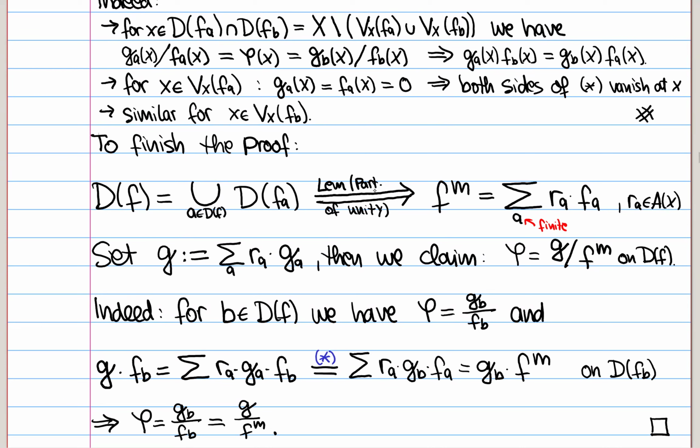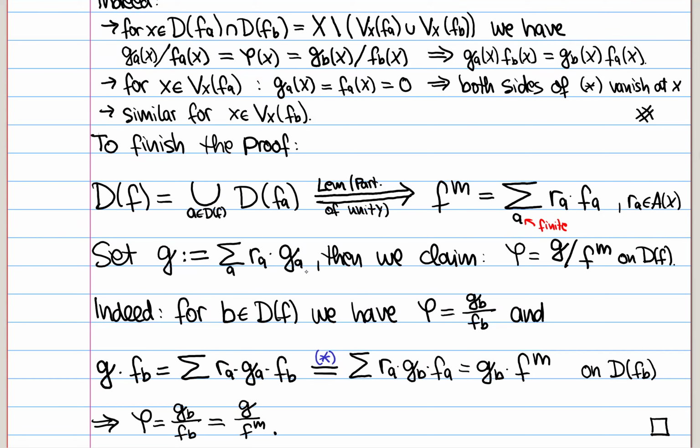And then this lemma from last time, which was called the partition of unity, tells us that some power of f is given as a finite combination of the f_a times r_a, where r_a are polynomial functions on X. So that's the point where we use the partition of unity lemma. And from that representation, we just make the definition g equal to the same combination of r_a times g_a.